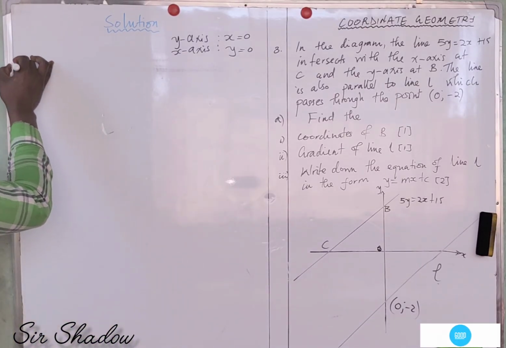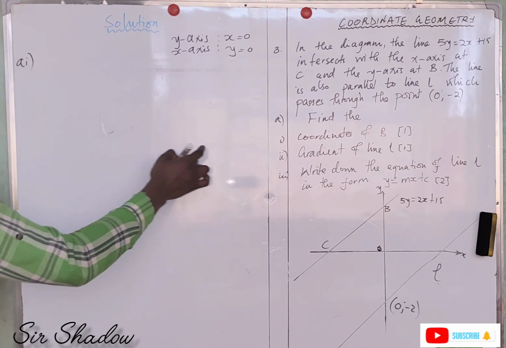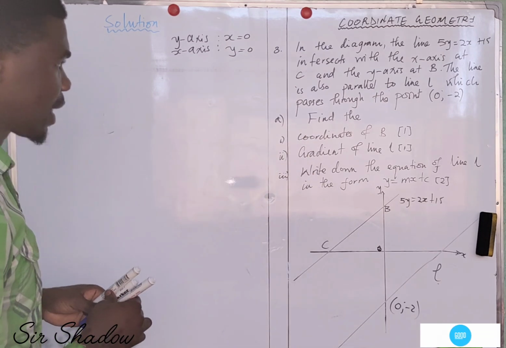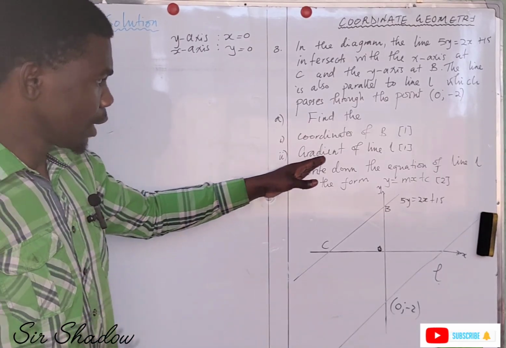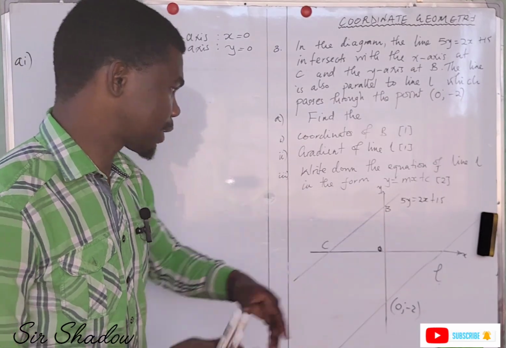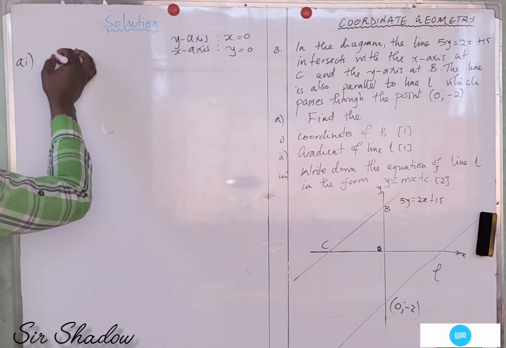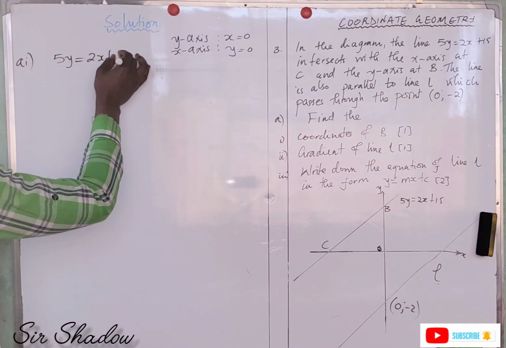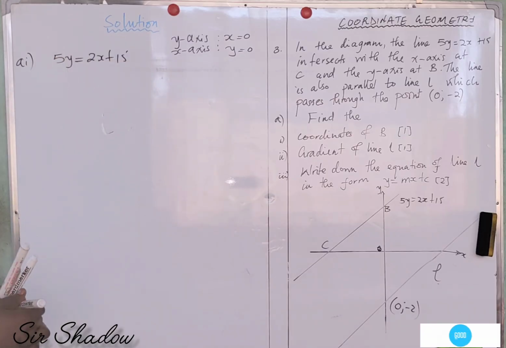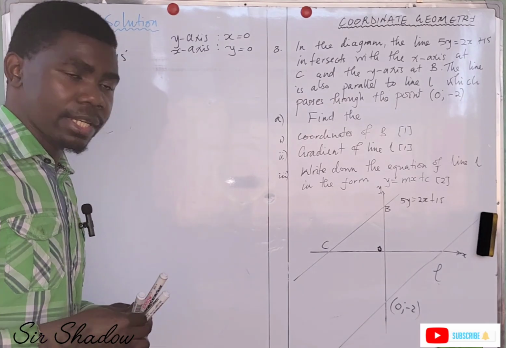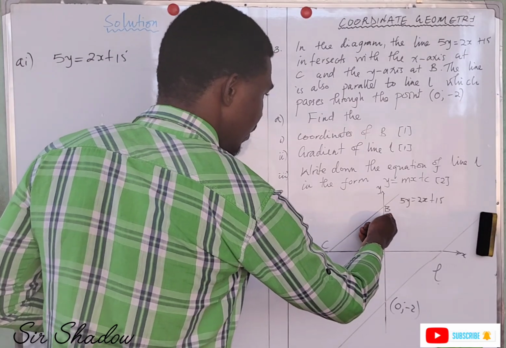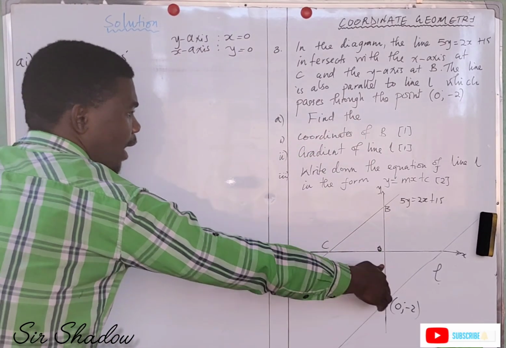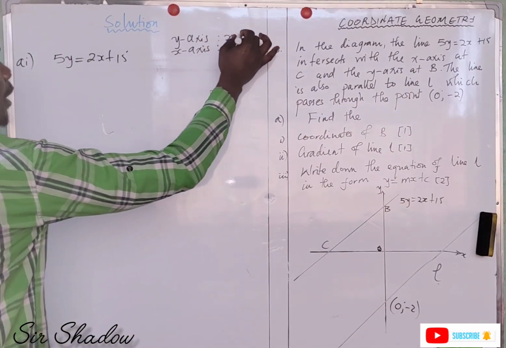Item 1: we want to find the coordinates of B. We are using the given straight line, 5y equals 2x plus 15, but the straight line cuts the y-axis at point B. So whenever the straight line cuts the y-axis, x is 0.